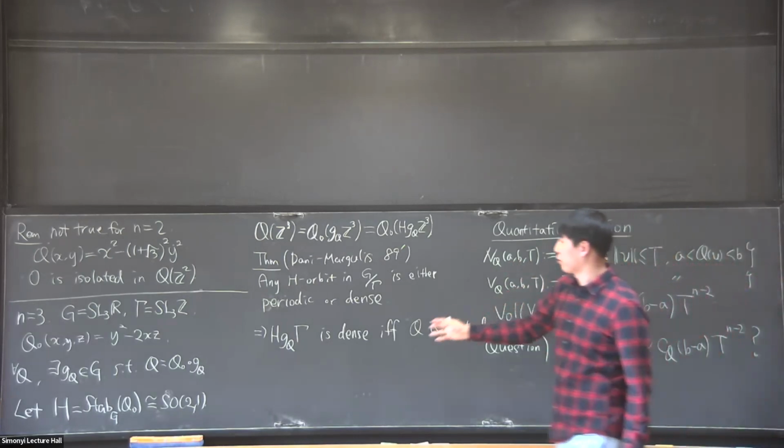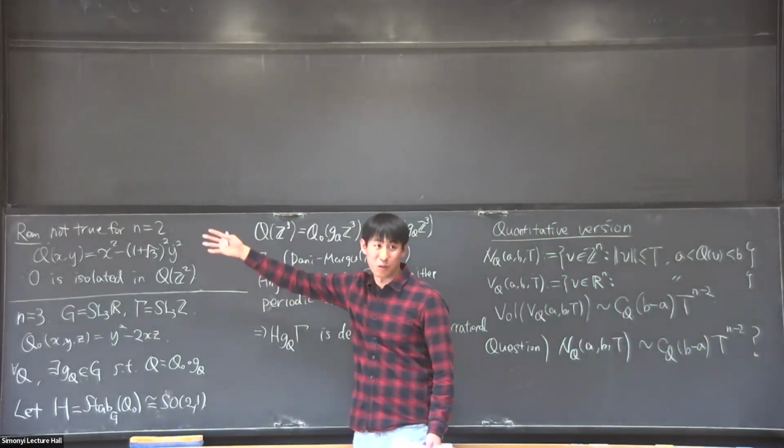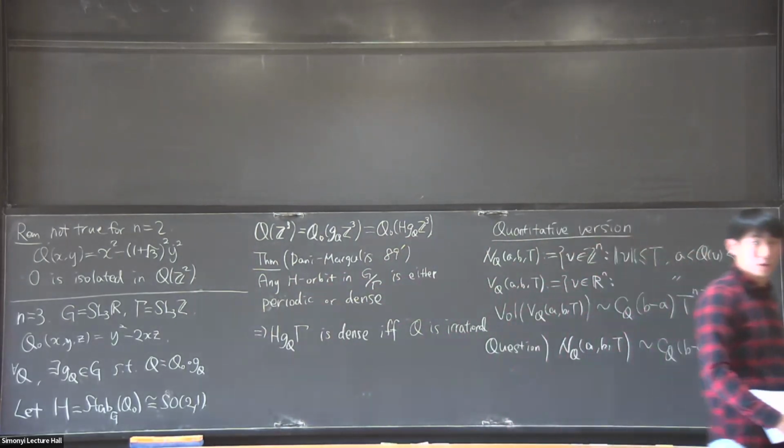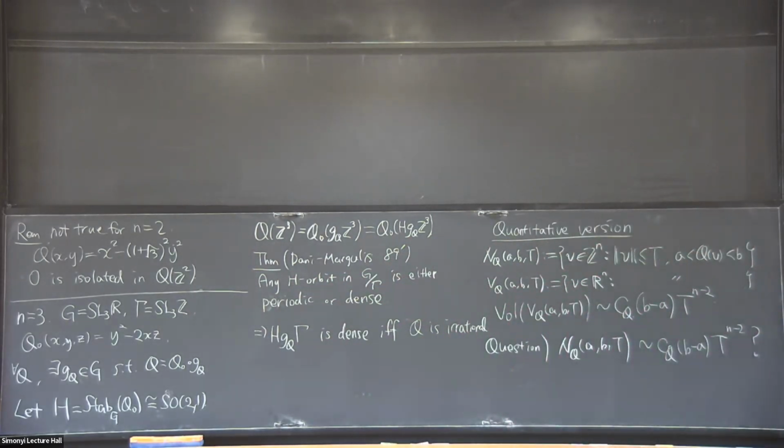As for this case, the Oppenheim conjecture is not even true. It's not even dense. So it should depend on A, B, and capital Q.